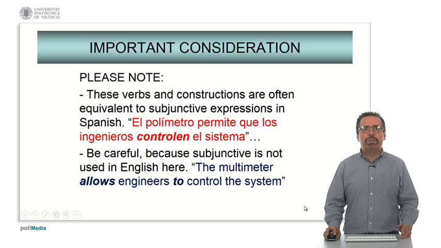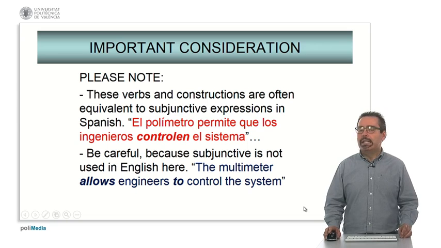Something important to consider is that these verbs and constructions are often equivalent to subjunctive expressions in the Spanish language. For example, "el polímetro permite que los ingenieros controlen el sistema" is a subjunctive.